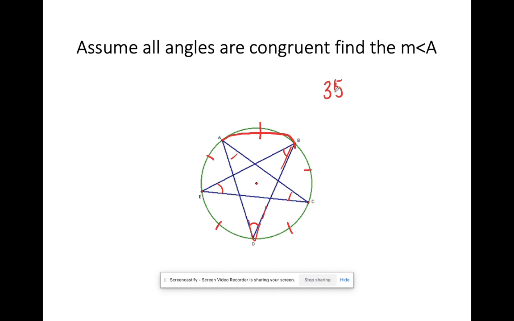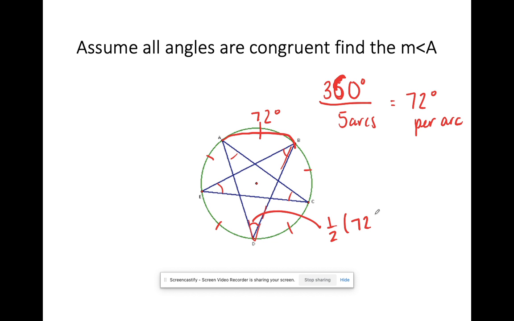And the sum of those arcs is 360 degrees. I can divide that by the 5 arcs that we have, and that will tell me that each arc has a 72-degree measure. So if I know that this is 72 degrees for the arc, my angle is half of that arc that's 72. So that tells me each angle is going to be 36 degrees.